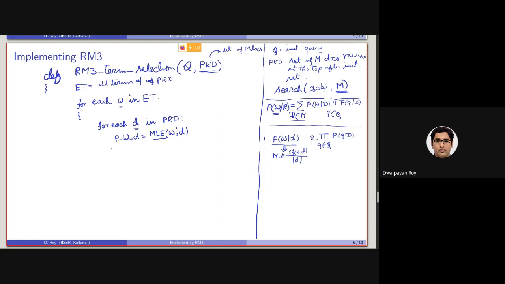Now for each query term we need to perform this, so this will be inside this for loop.